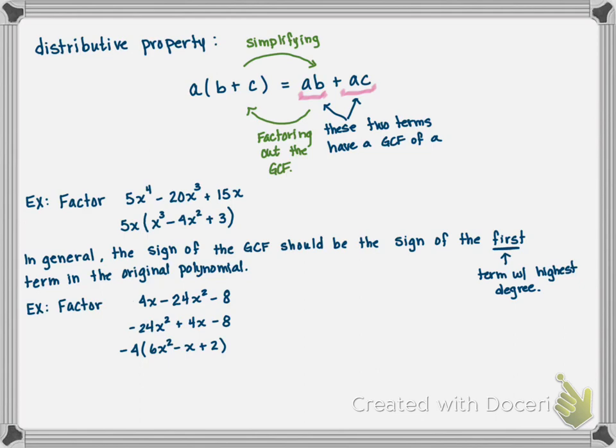And then in our second example, our first term was negative 24x to the 2nd, so that was a negative, and so we took out a negative. And like I said, it's not wrong if you don't take out a negative, but the consistency of taking out the sign of the first term is going to make common factors actually look like common factors instead of getting things with signs that are backwards.